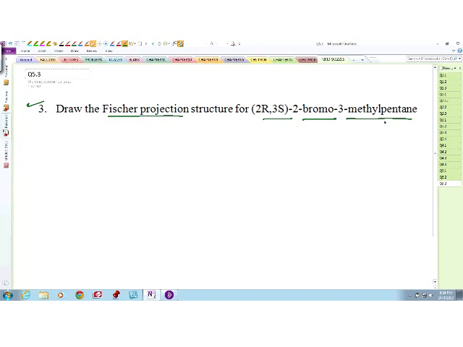As you can see, the first thing you need to do, before you assign the absolute configuration, which is the R and the S, is draw the basic structure of this compound first. We have pentane as the base name. So we start with CH3. On carbon number 2, we have a bromine atom, which means hydrogen goes here.